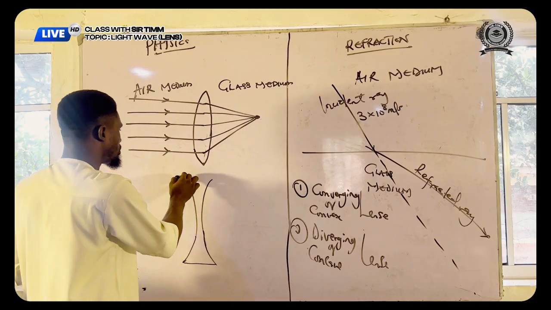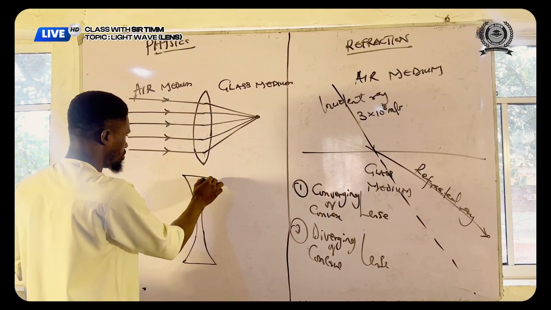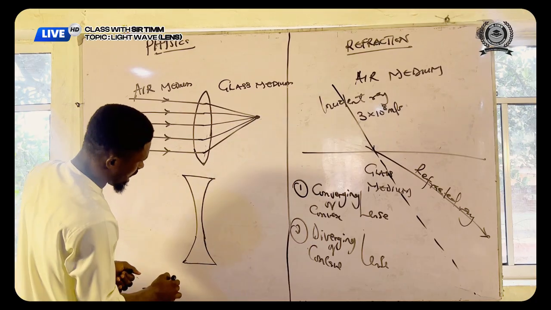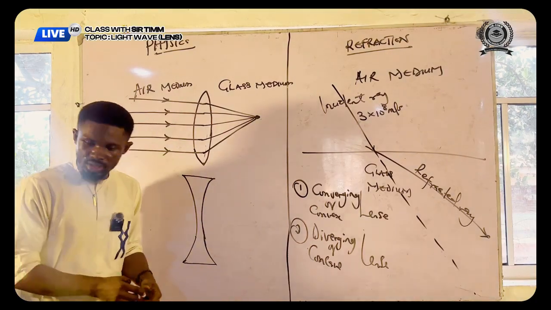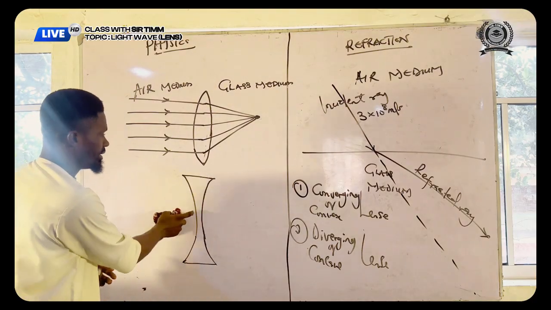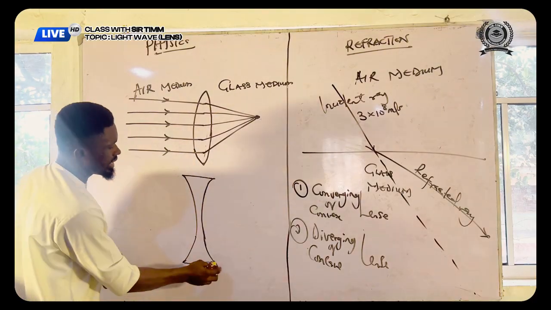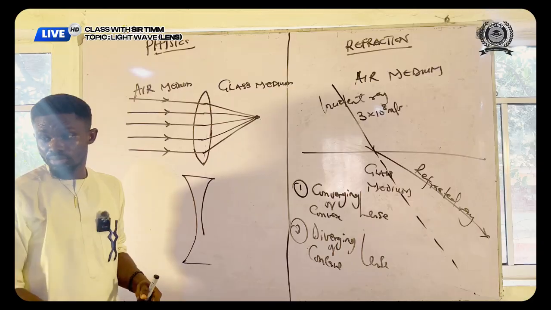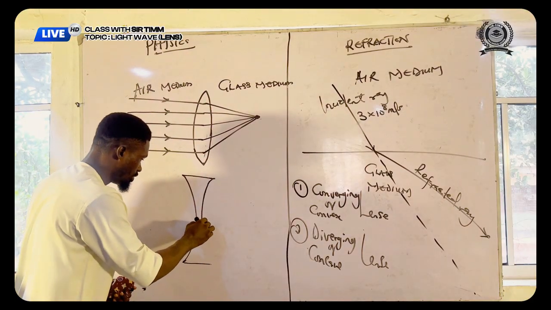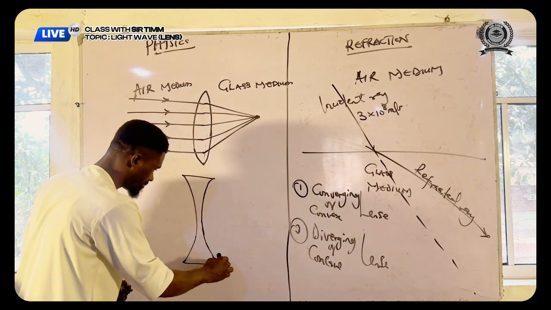Now, I want to tell you something before we continue, or as I draw this. I advise you to always, whenever you want to form images, try to make the lenses as tiny as possible. If you make it big, you might find out that you'll be having some issues on the diagram.